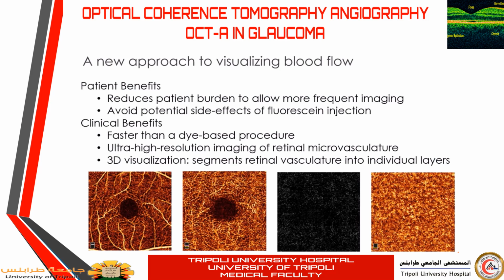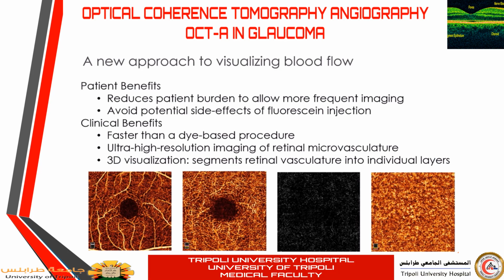Also, in the clinical practice, it has very fast acquisition and without any use of the dye, and gives you ultra high resolution image of the retinal vasculature in 3 dimensions with proper segmentation of the retinal vasculature, and it shows you the different slices and slabs of the OCT angio and the vasculature of each part of the retina.